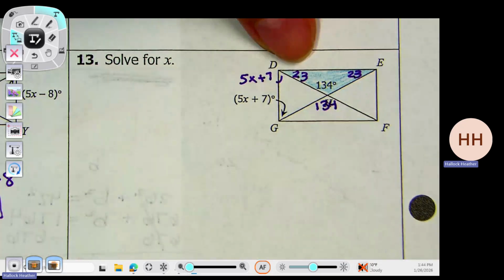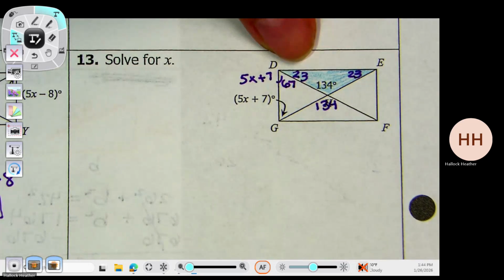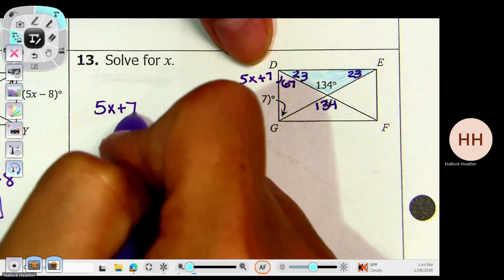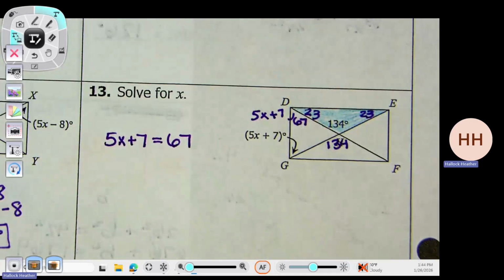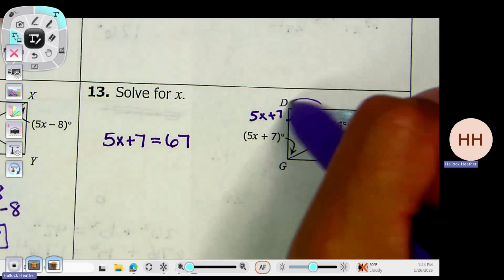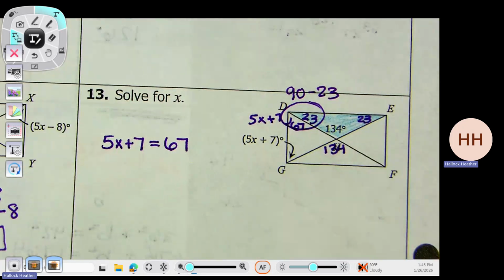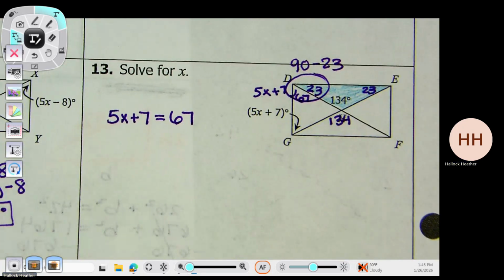And then if I minus 90 and 23, this is 67. So what could I do with 67? Equal it to 5x plus 7, because each corner makes 90. So once I get 23, I'm doing 90 minus 23. So minus 7, divide by 5.